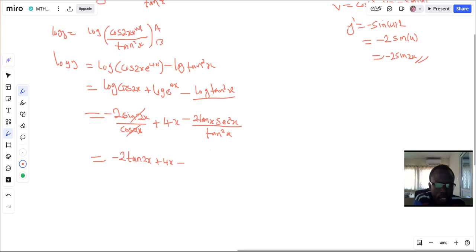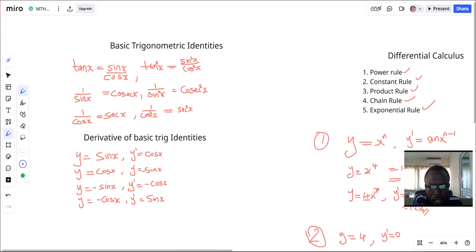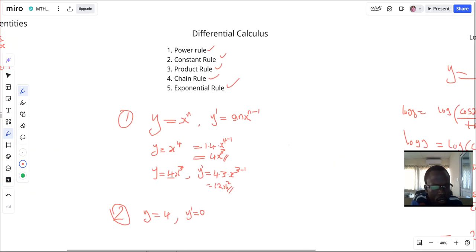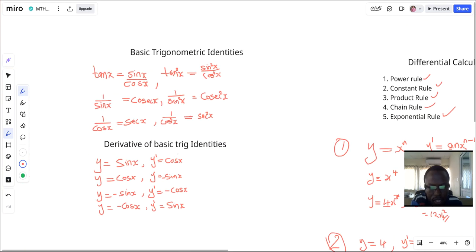Okay, I think I tried to make a mistake. So tan x is equal to sine x over cos x, if we remember. So this leaves us with 2 sine x over cos x, times 1 over sec square x. Sec square x is equal to 1 over cos square x, right?